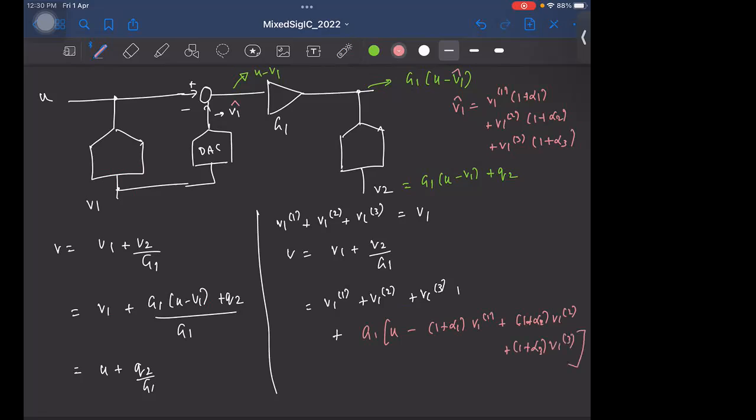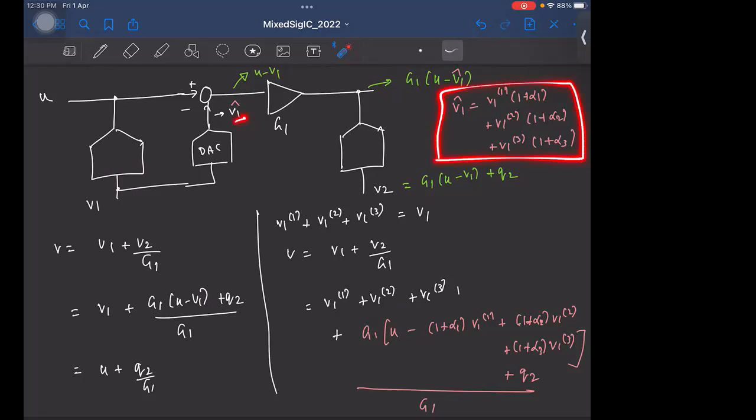This is the input plus the quantization noise by G1. Is that okay? What I am doing is, instead of having this V1, I'm saying that the input to the amplifier is V1 hat. That is the DAC output. And the DAC output is this, right? So here, instead of substituting V1, I'm substituting V1 hat. That's all.